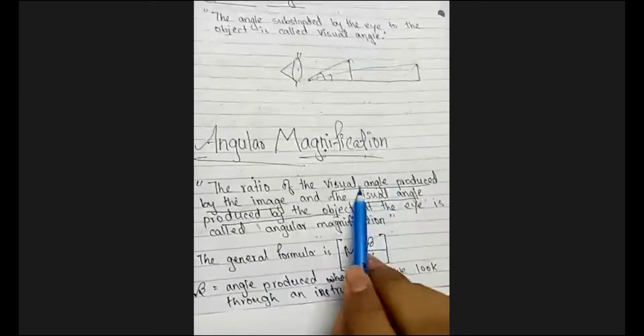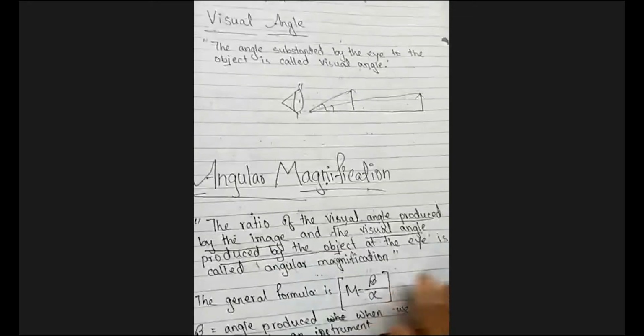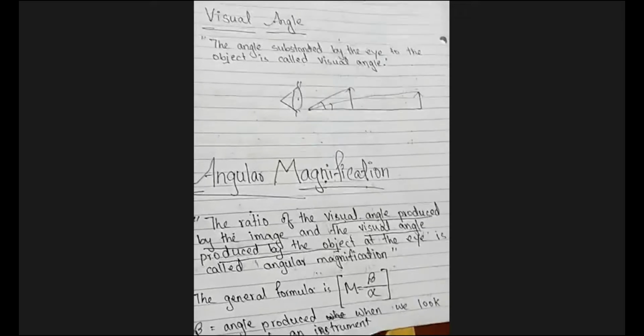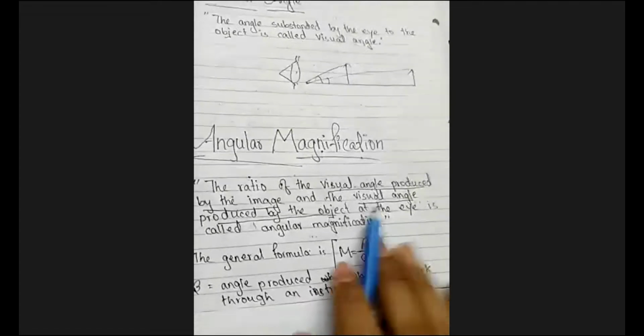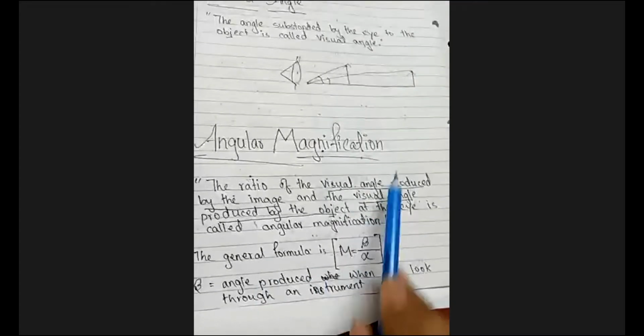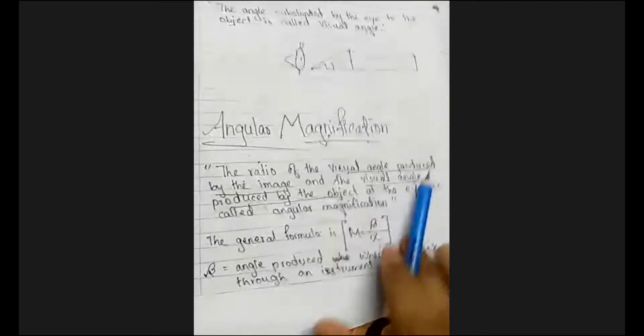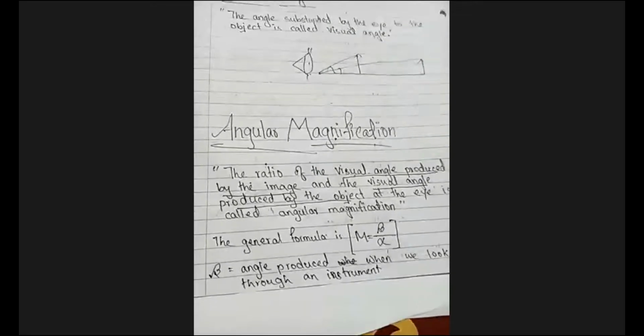When we use an instrument like a lens, the image is formed, and for angular magnification we will use instruments like a telescope and a microscope. The general formula of angular magnification is beta by alpha. Suppose we are seeing the moon.